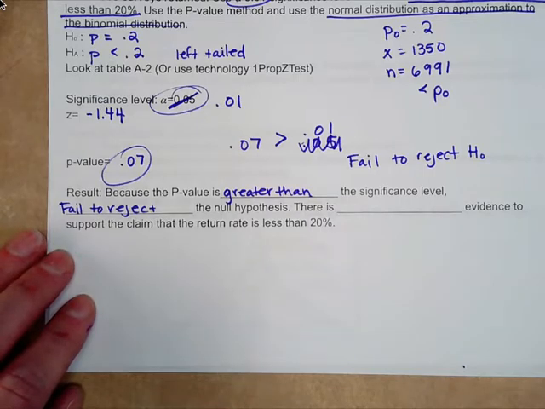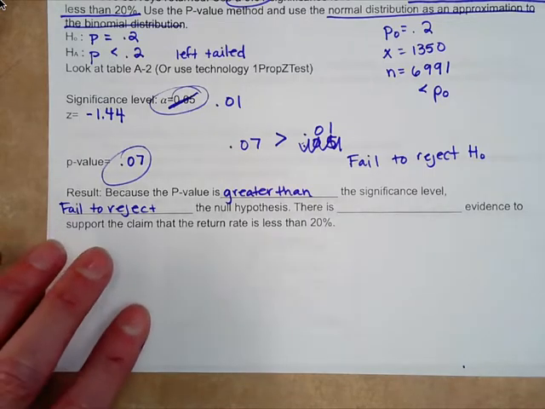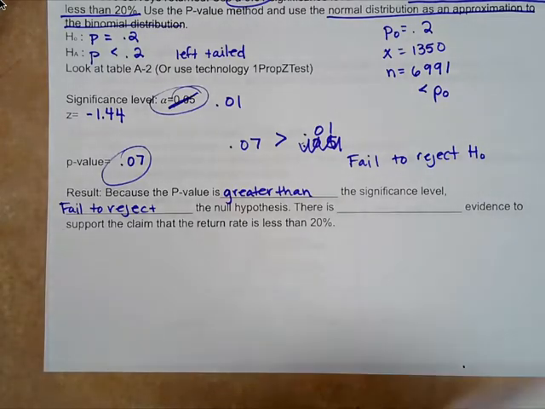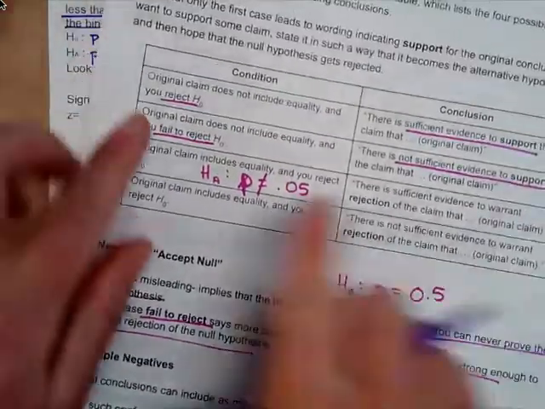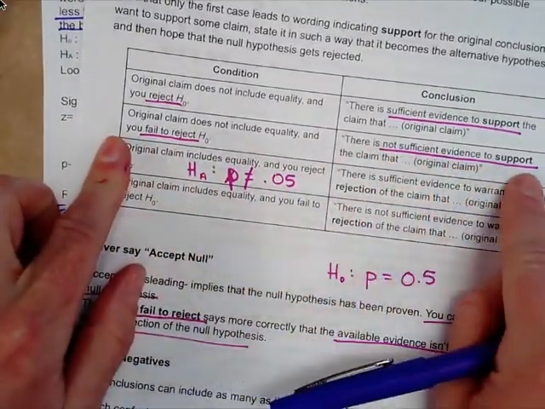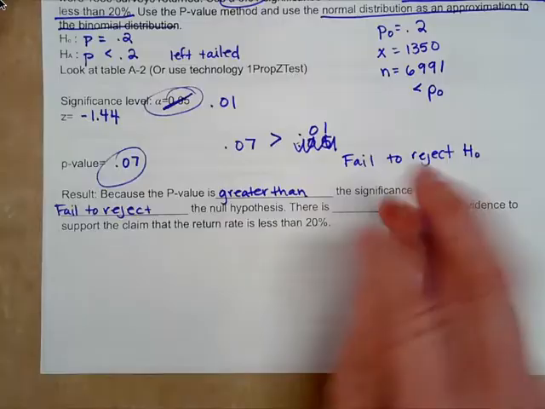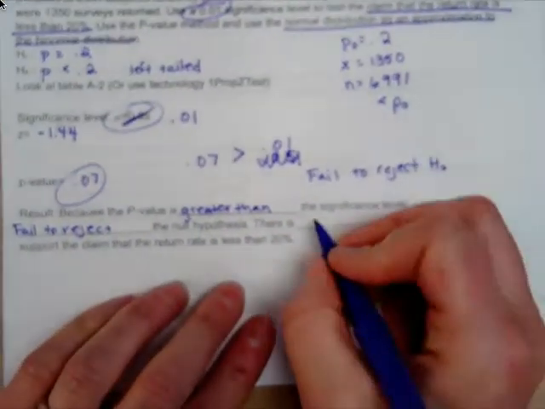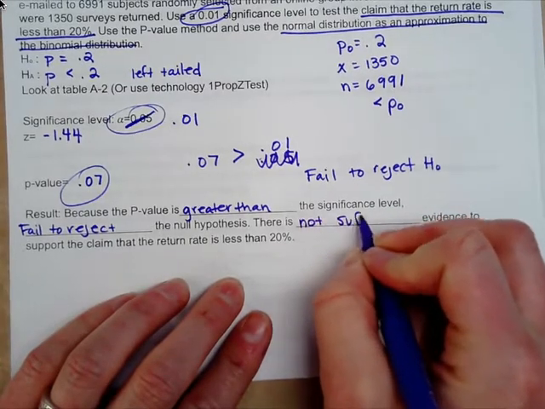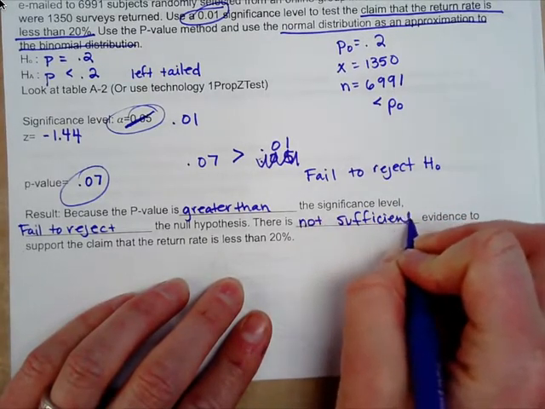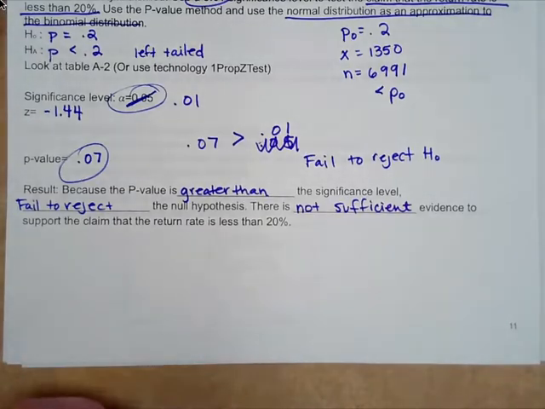So if you fail to reject, what does that mean about our information? Fail to reject, there is not sufficient evidence to support the claim. Did we fail to reject the last one? Yeah. So there is insufficient evidence to support the claim that the return rate is less than 20%.